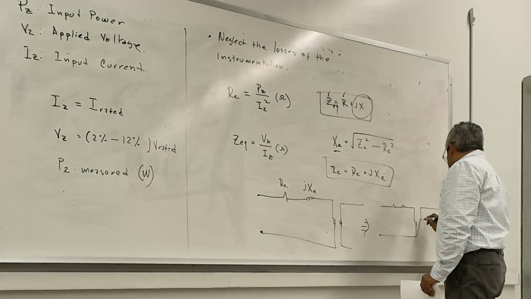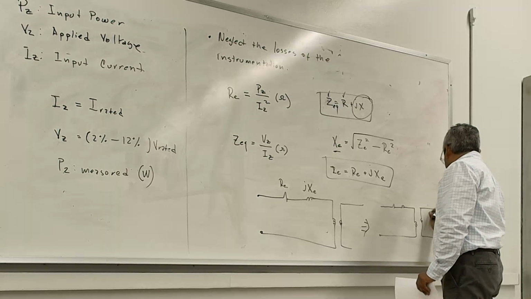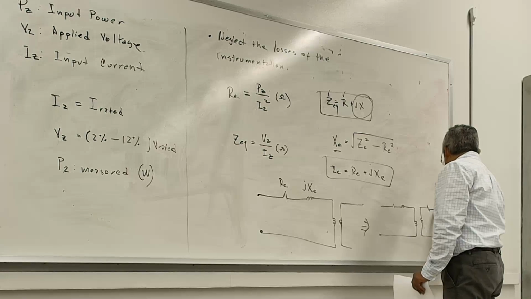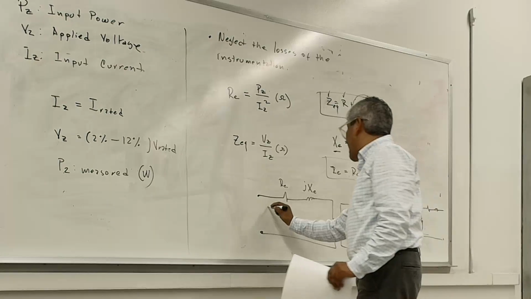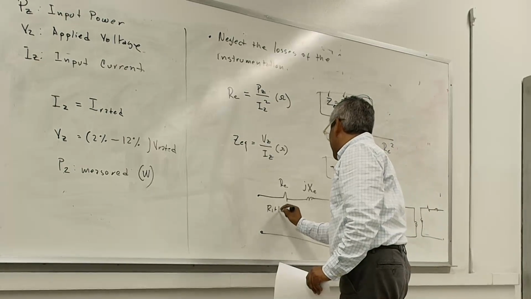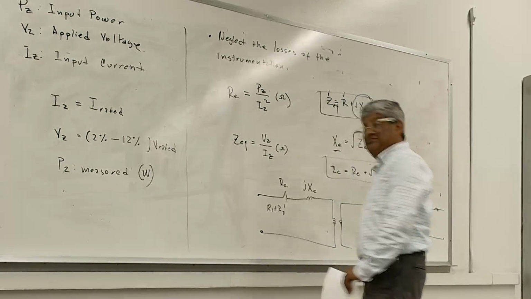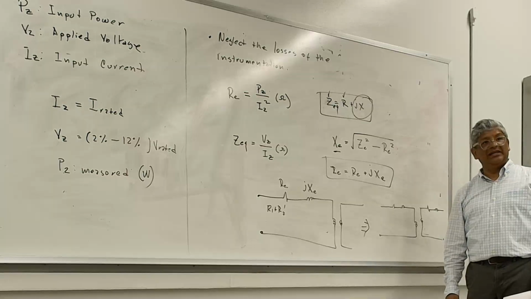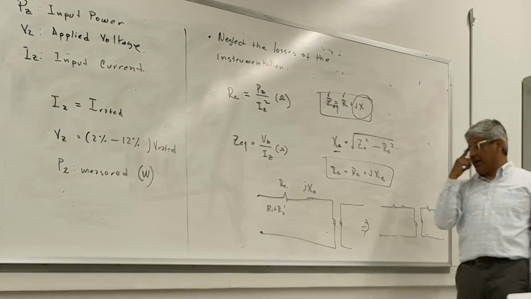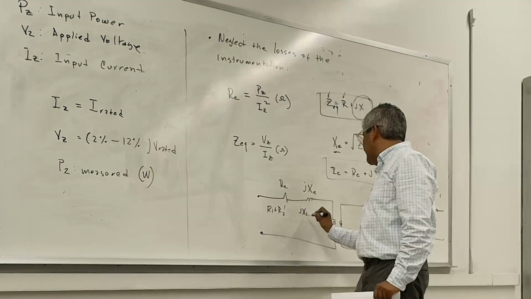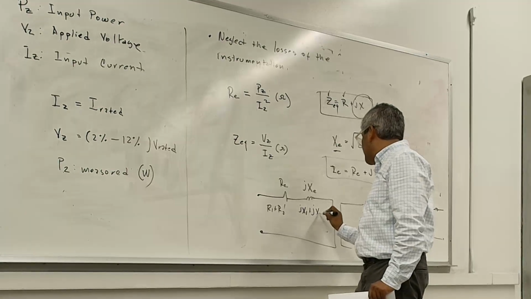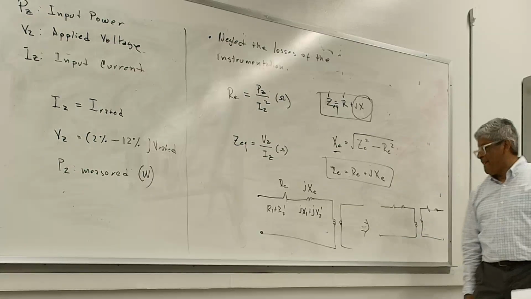Let me ask this question really quick as we talk about this. Okay, so this is R1 plus R2 prime, right? Is the total, okay? This is JX1 plus JX2 prime.